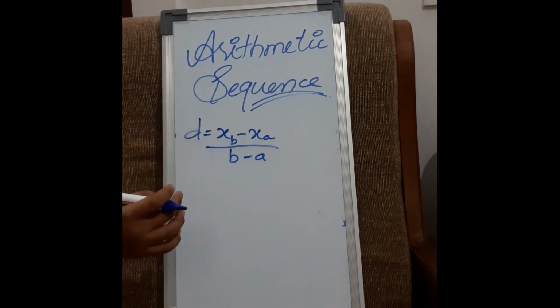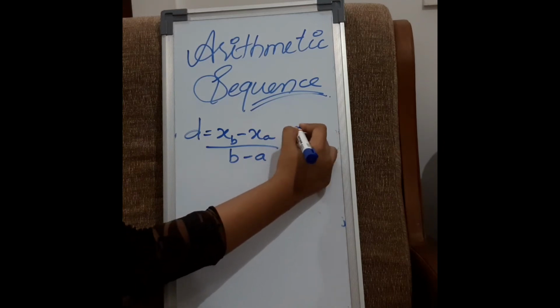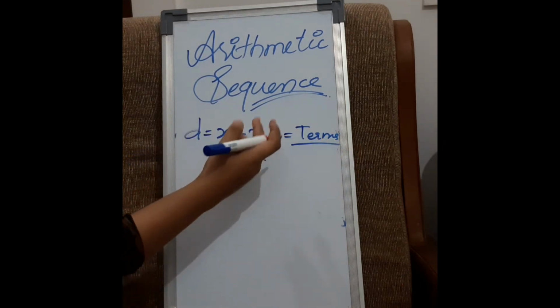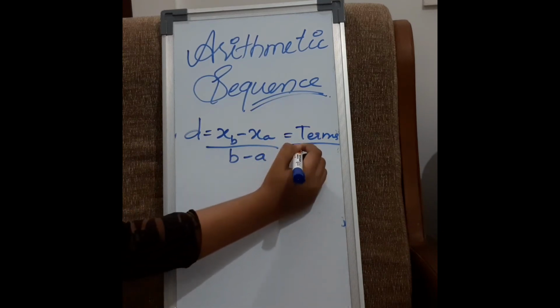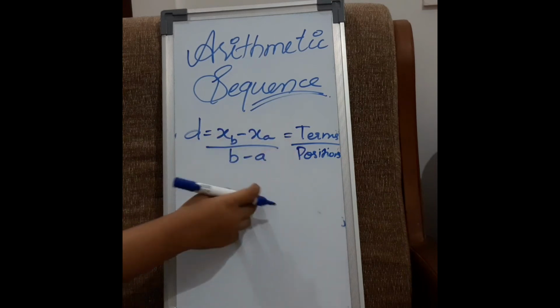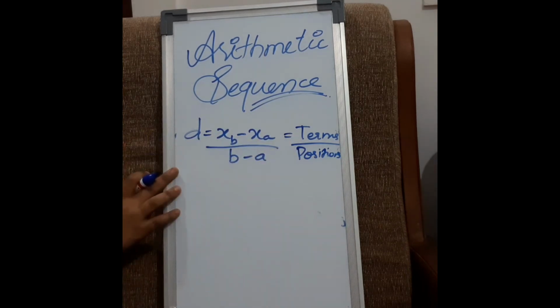Just note the formula, I will explain it. xb and xa are the terms, and b and a are the positions. So the difference of terms by the difference of positions is known as the common difference.